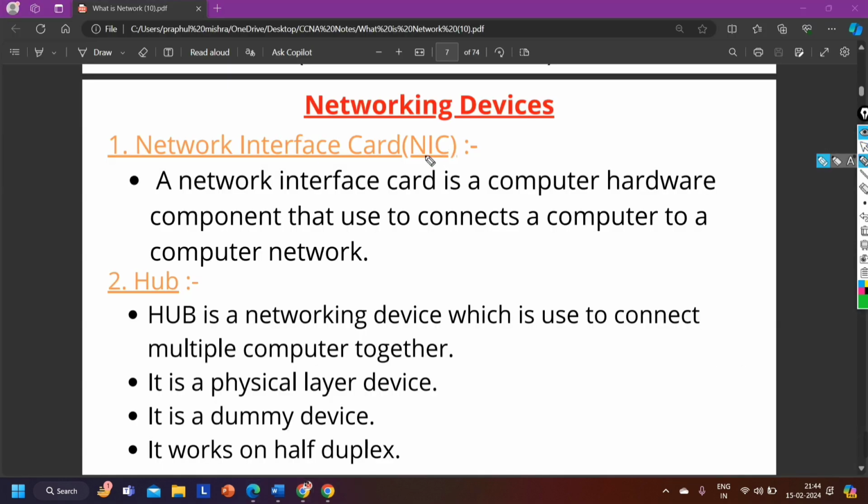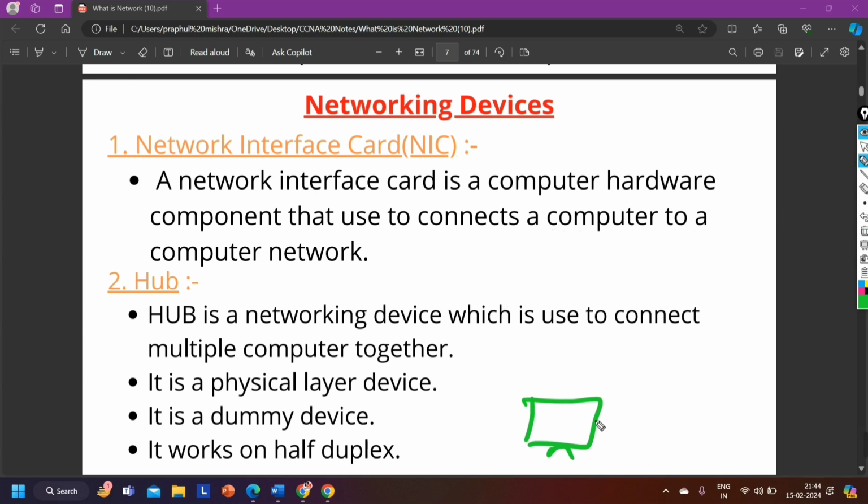Okay, so the first device is NIC, network interface card. A network interface card is a computer hardware component that is used to connect a computer, or you can say a networking device, to a network. Let's say you have one PC and you want to connect this PC to any other networking device, maybe another PC, a switch, a router. What do you need on the PC, guys?